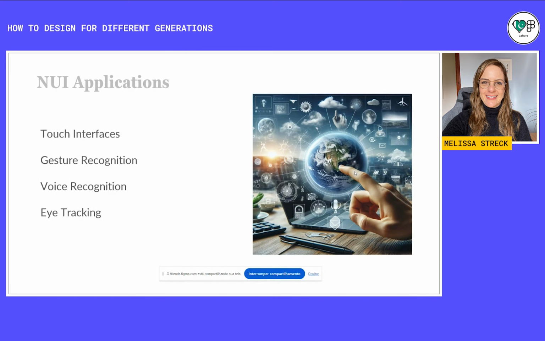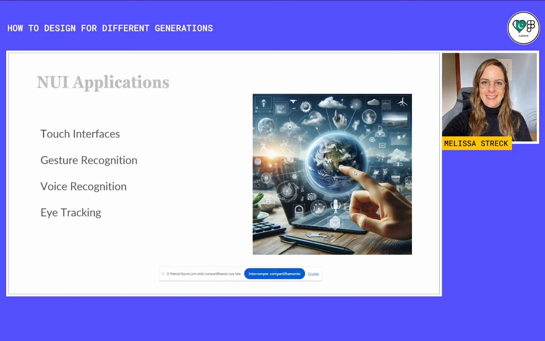So this natural user interface is something that we have today, like the touch interfaces that we use in our smartphones and tablets. We have gesture recognition when we do some gestures.